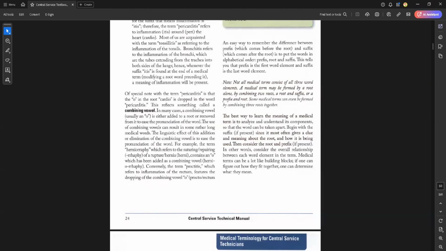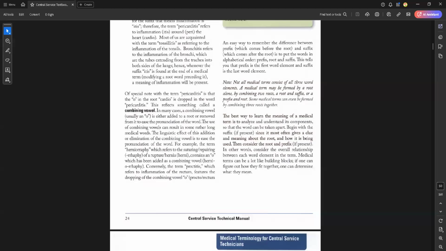Sometimes, for the sake of pronunciation and writing grammar, a vowel can be added or dropped. This is just to make it easy to pronounce or to write. We'll be seeing some examples.